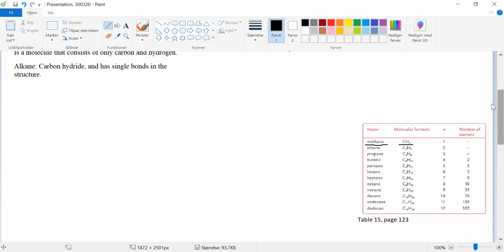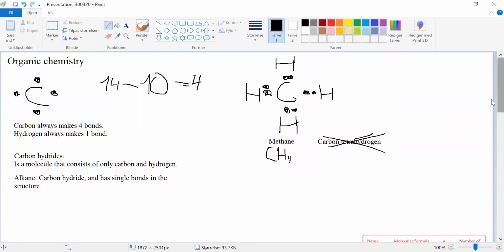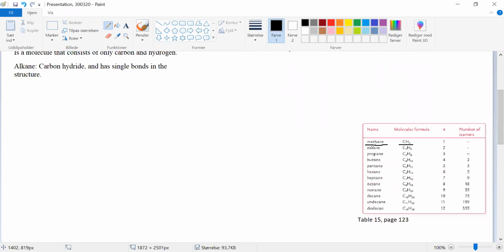That's the reason for naming this molecule methane. We can also see here that the next one, ethane, is a carbon hydride that consists of 2 carbon atoms and then 6 hydrogens. So let's try and draw ethane.